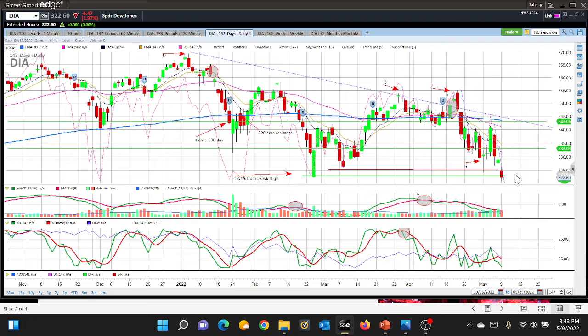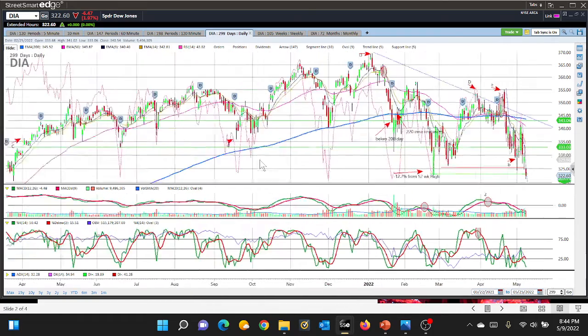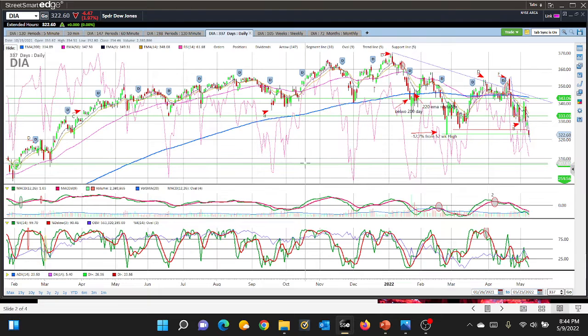I want to wait at least a day, if not two, for conviction. If the next 2 days close below that last low from out here, it was my support line, then I know it's going to start becoming resistance. And then what's next? Well, the next major low we had below that was way back here, January, March 2021.